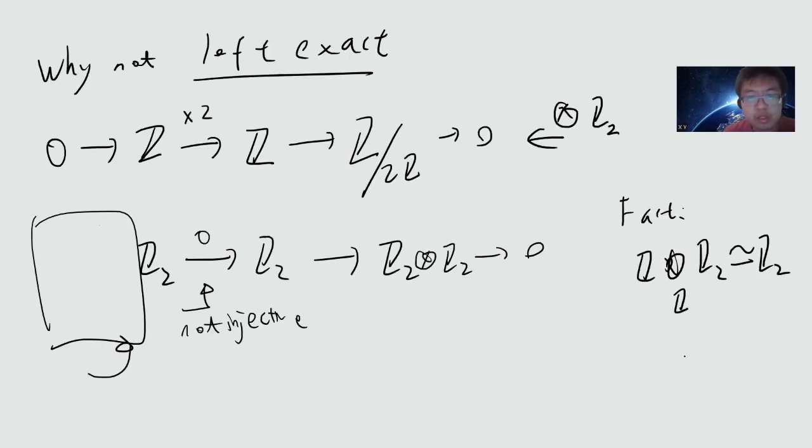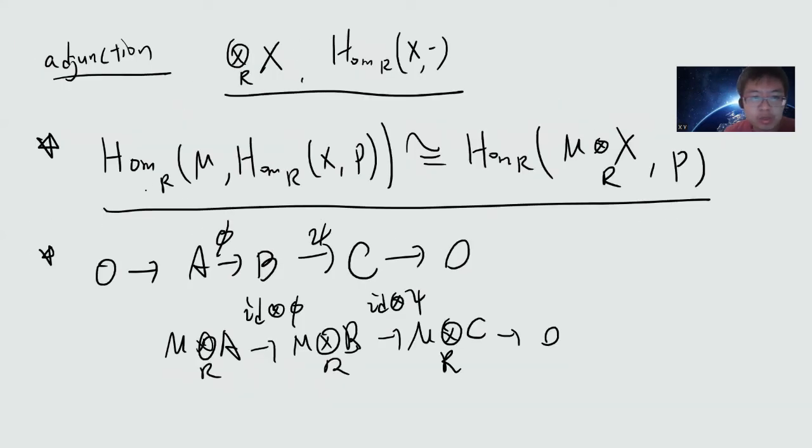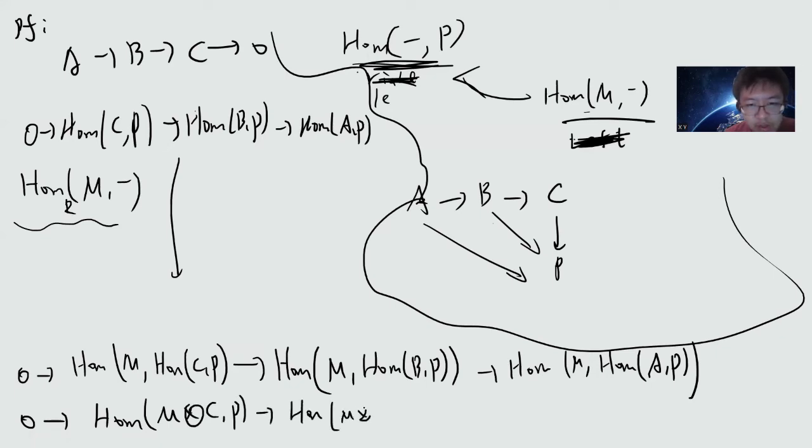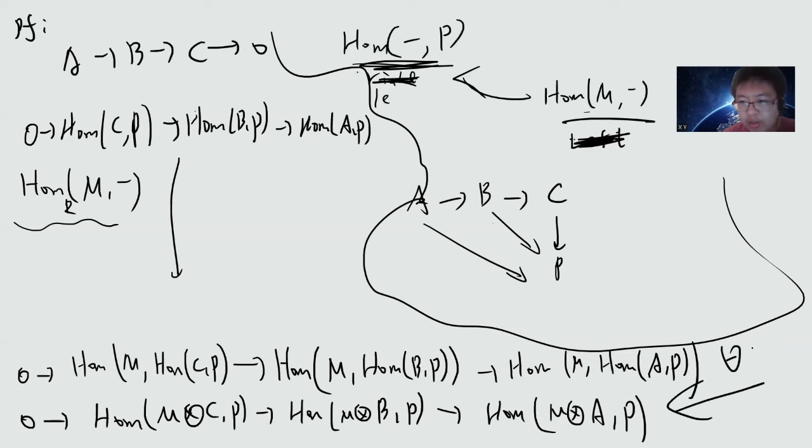Okay, now we use this property. So we have M and XP, you can tensor this, right? So you get the Hom of M tensor CP, Hom of M tensor BP, and the Hom of M tensor AP. Okay, so notice that this exact sequence is true for every P.